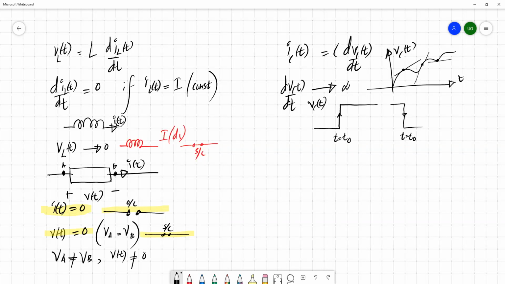At t equals t naught, the derivative is basically infinity. If it is a rising edge, the derivative would be plus infinity. If it is a falling edge, the derivative would be minus infinity.